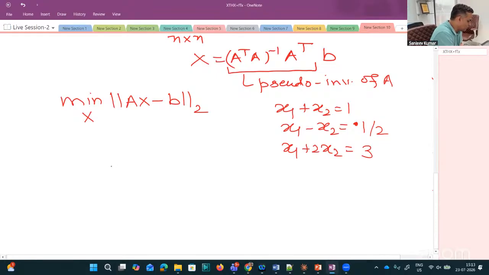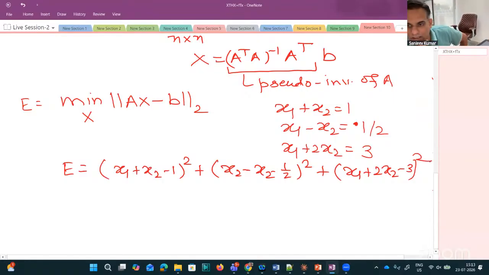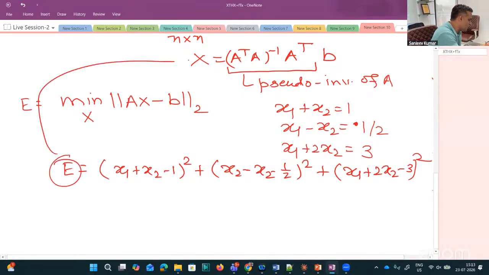So what I do, I define this objective function E, which is just (x1 plus x2 minus 1) square plus, from the second equation, I will get this one, from the third equation, I get this one. Okay. And I find such x1 and x2 which minimize this E. And this can be solved by this method also. So this is the calculus approach.